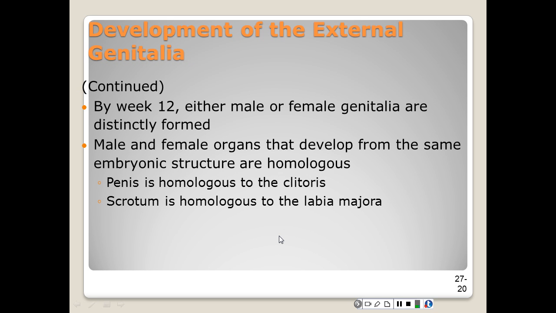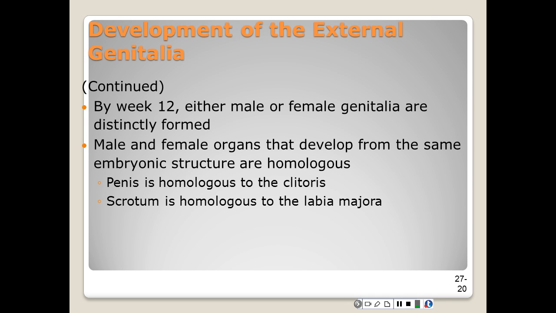Now, by the end of week 9, the fetus begins to show sexual differentiation, and either male or female genitalia are distinctly formed by the end of week 12. In females, the 3 structures become the clitoral glans, the labia minora, as well as the labia majora.